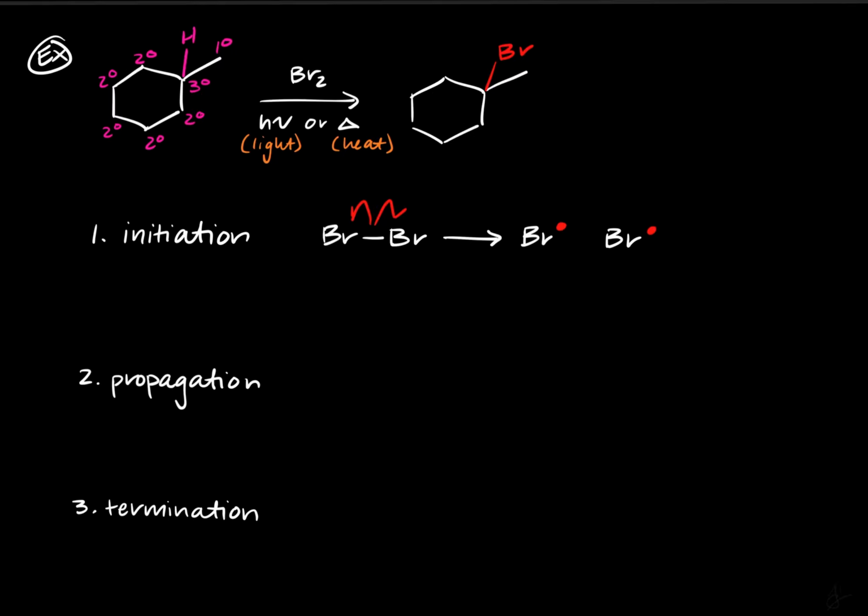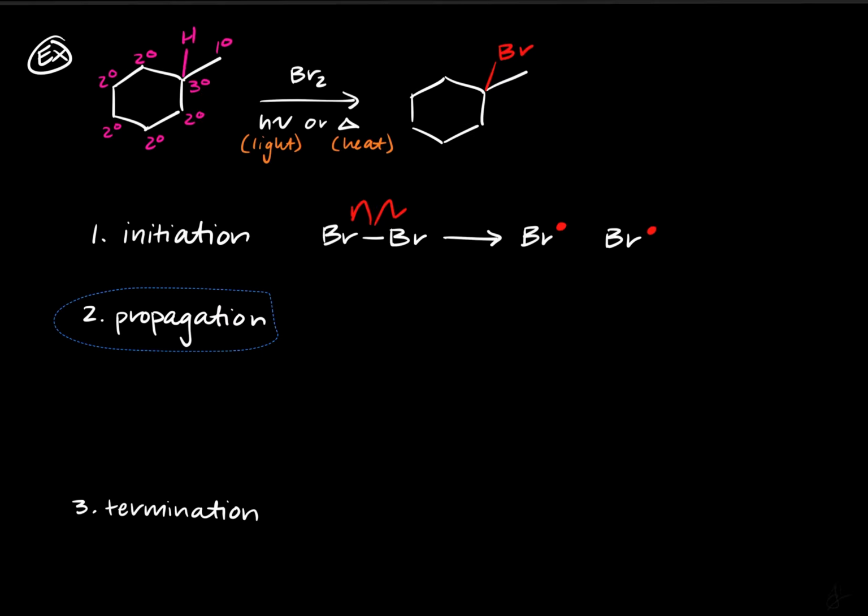Your teacher might also ask you to know the initiation step for some other radical, for example, Cl2, if you ever do that reaction, or N-bromosuccinimide, also known as NBS. But in this case, this is the initiation step most of the time for these reactions. The second step is propagation.